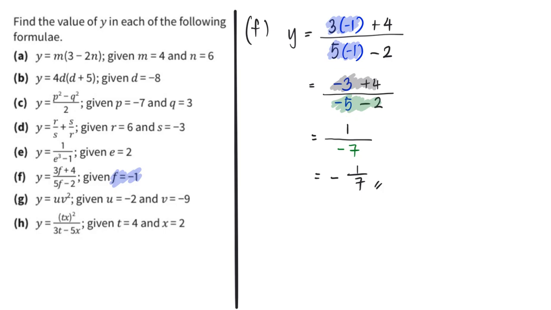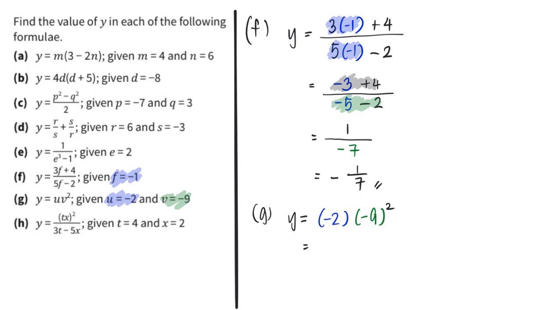And for part G, y is equal to u times v square. So u will be negative 2, and v is negative 9. Do take note, negative 9 bracket square. And this one is simply negative 2 times negative 9 times negative 9.